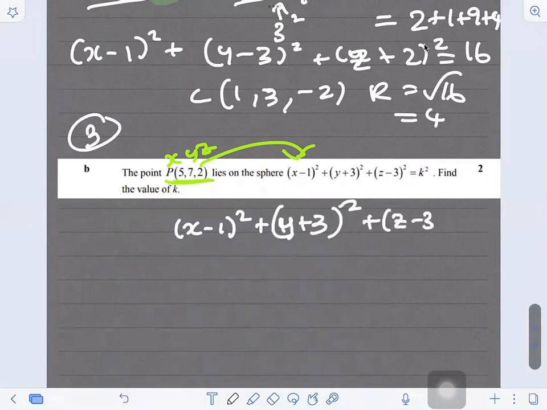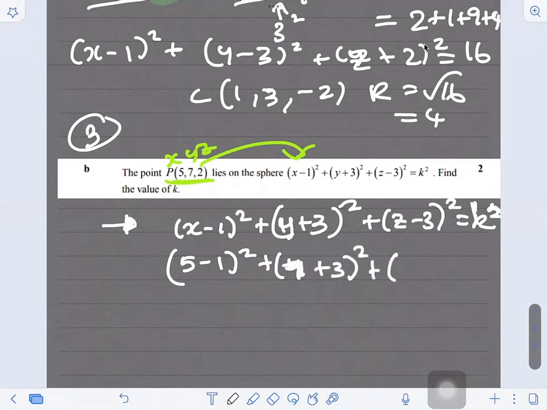And in place of the z, we're going to put 2. And that will go for any equation. If something lies on it, or you want to show that it lies on it, you've got to sub it in for the x, y, and z values. And if both sides are equal, it's true. If they give you what lies on it, then you know that both sides are equal. So we know this is in fact true.